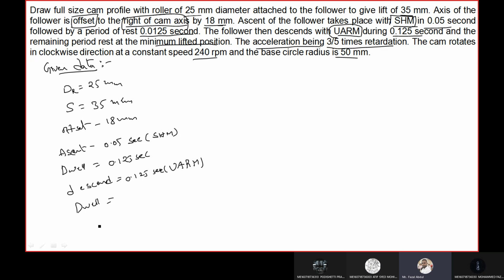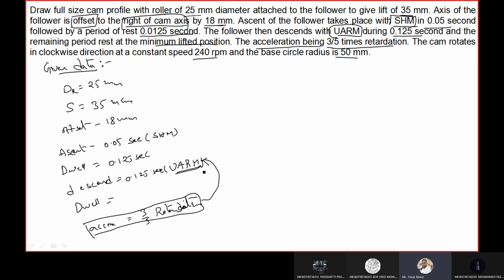And acceleration is 3 by 5 times the retardation. The relation is given. This relation refers to the diagram of uniform acceleration and retardation, and helps to construct the displacement diagram for the uniform acceleration and retardation motion.